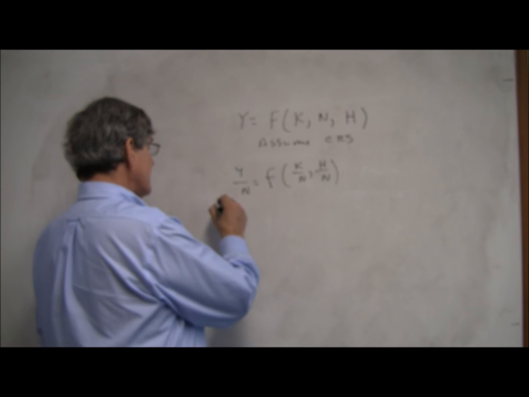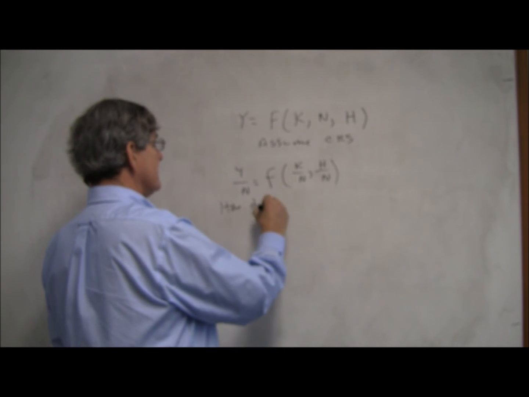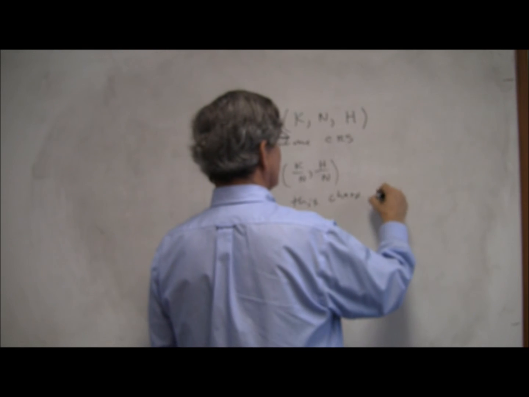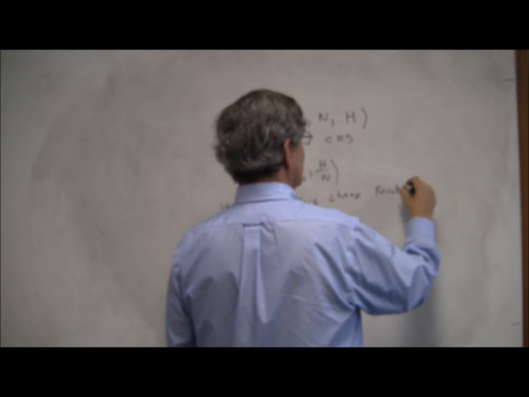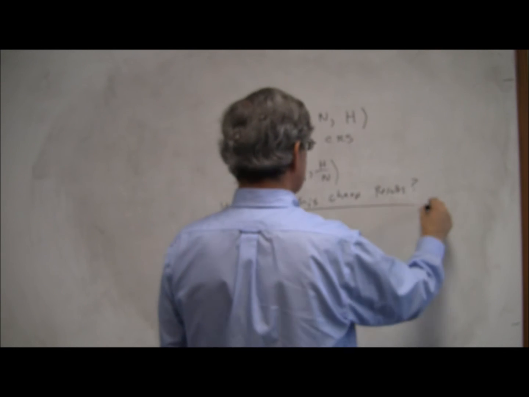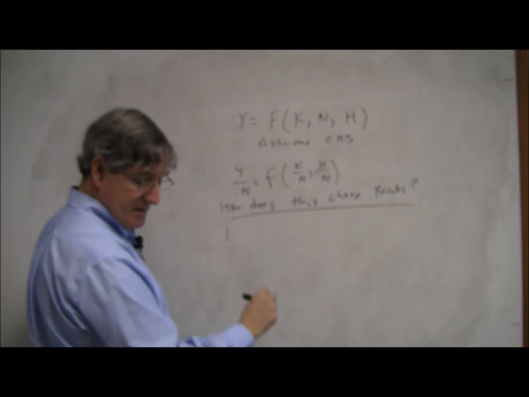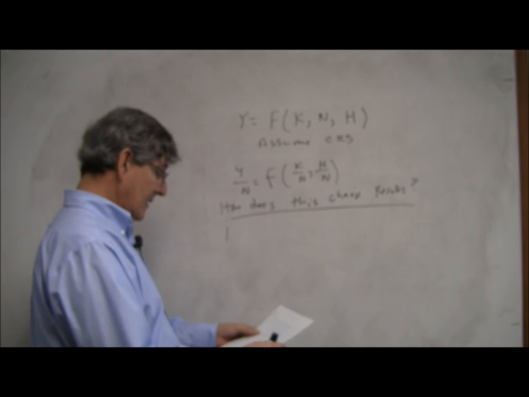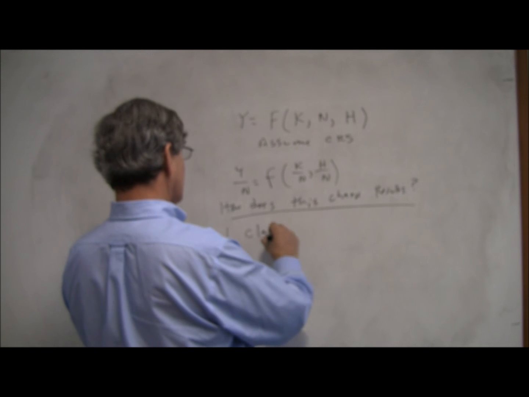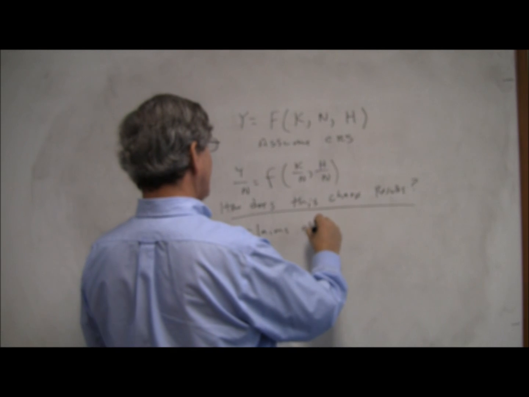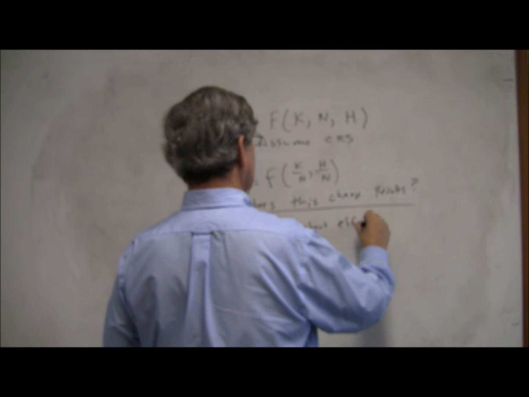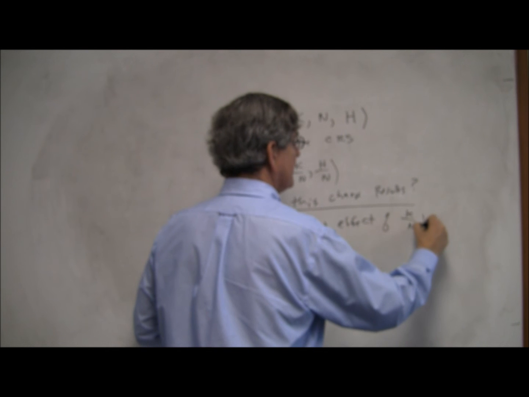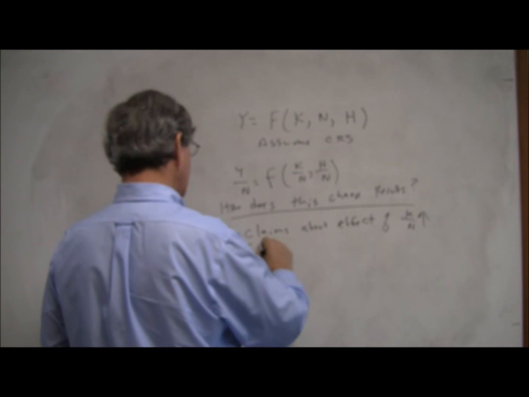All right, so how does this change the model? How does this change the result? It doesn't really, it just extends them. So how does it change the results we've seen so far? First, let me get these in order so I get them the same way the book does. Claims about the effect of capital, physical capital per person going up remain valid.